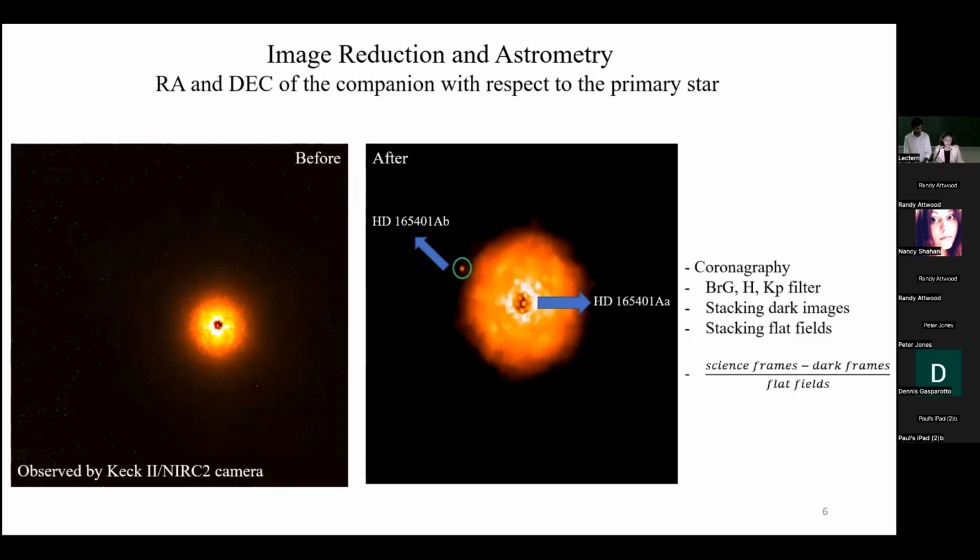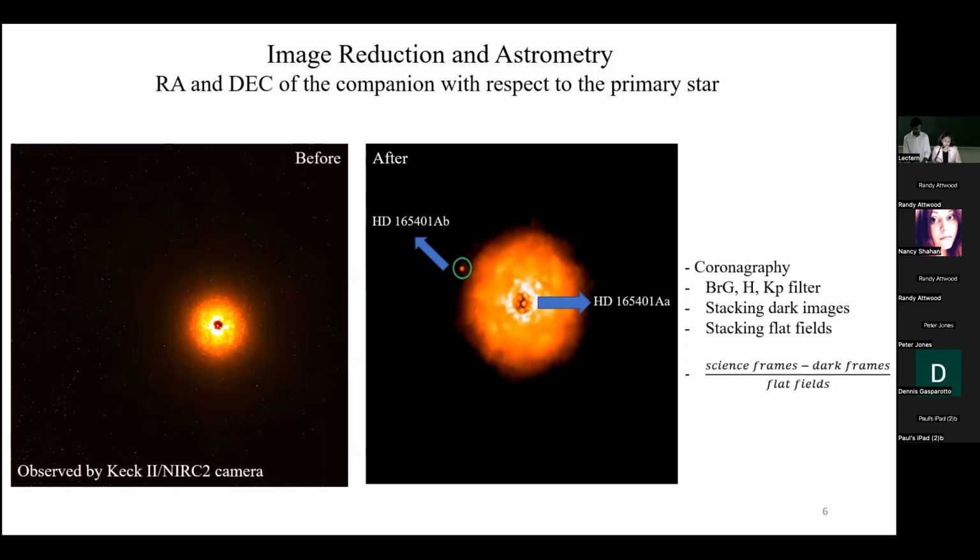Okay, what we did in this research was at the beginning, we were given a lot of images taken from the Keck telescope in Hawaii. And as you can see in the left image, you see a lot of dots present in the image. We tried to reduce them. They were just noise. And in astronomy, we don't want any noise or any failed pixels in our scientific images.